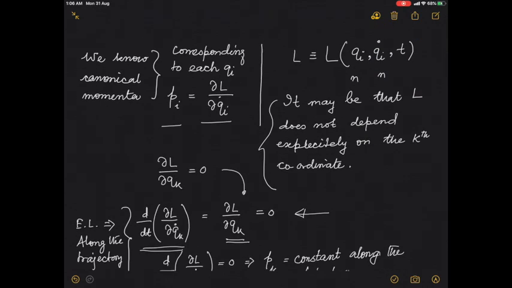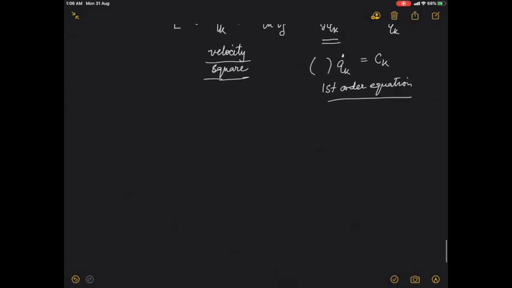So if there is a coordinate which is absent in the Lagrangian, corresponding to that coordinate you have a canonical momentum that is conserved, so that coordinate is called a cyclic coordinate. Okay, now it may seem to you that I have a system and then I have certain constant forces, so it can reduce some coordinates.